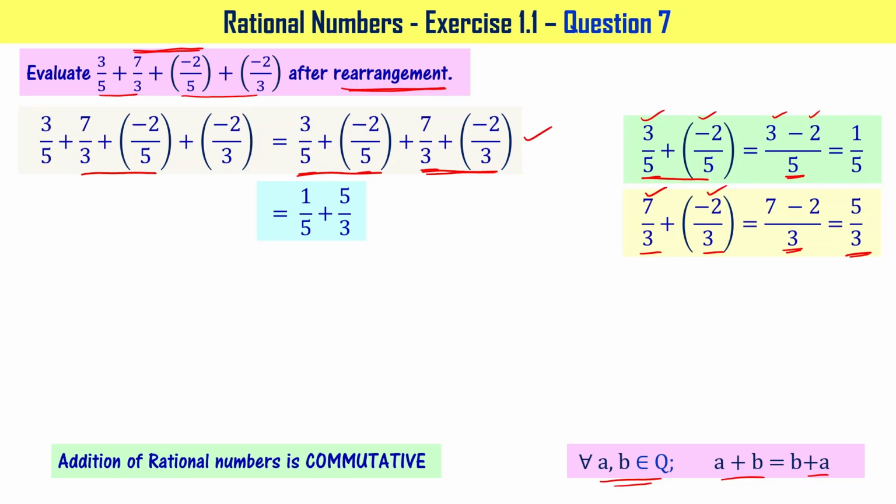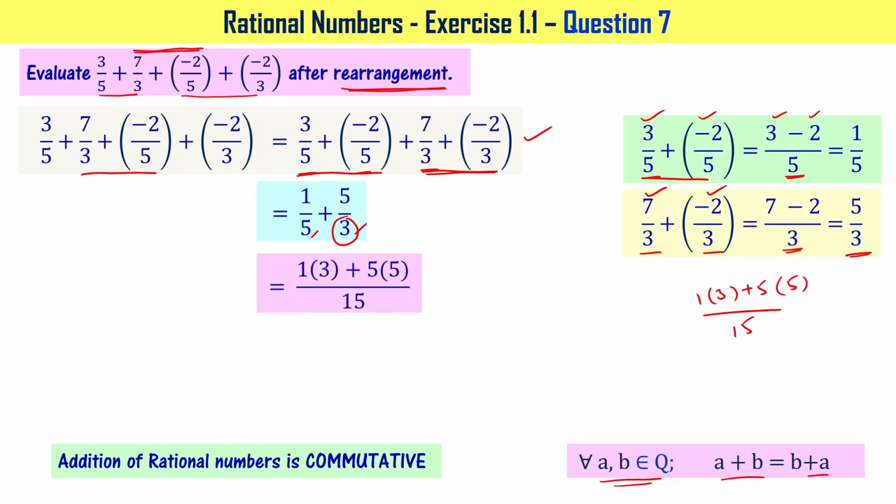Now we have to add these two numbers. 5 and 3 are the denominators, right? Their LCM is 15. 1 times 15 divided by 5, that is 3, plus 5 times 15 divided by 3, that is 5. Let me write that: (1 times 3 plus 5 times 5) divided by 15.